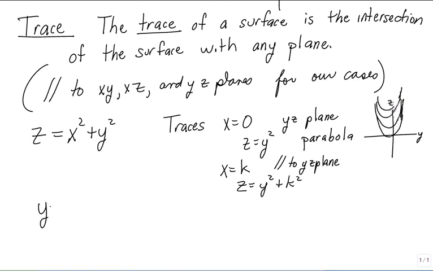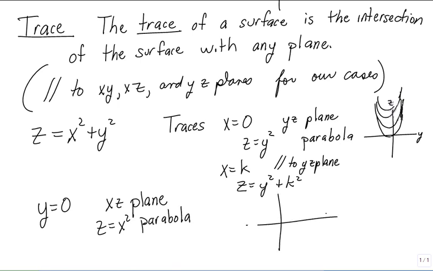If you let y equal 0, we get the trace in the xz plane. And again, we get a parabola. And this time, x is coming straight out at us. So we're in the xz plane, it's going to be flat again in that plane.